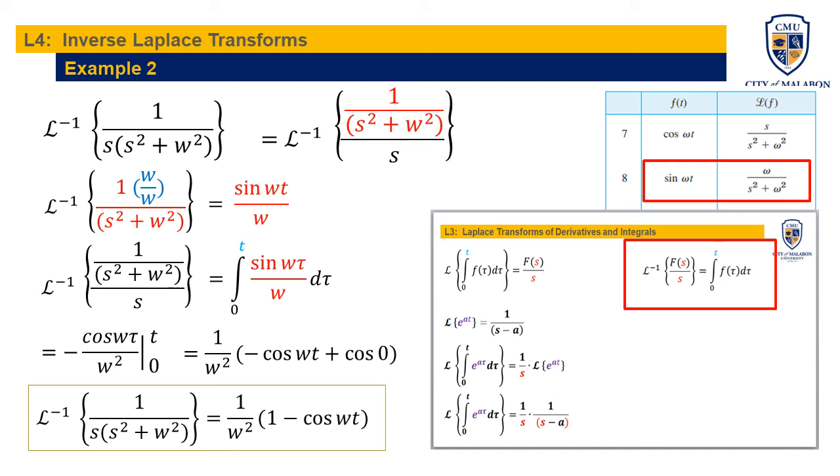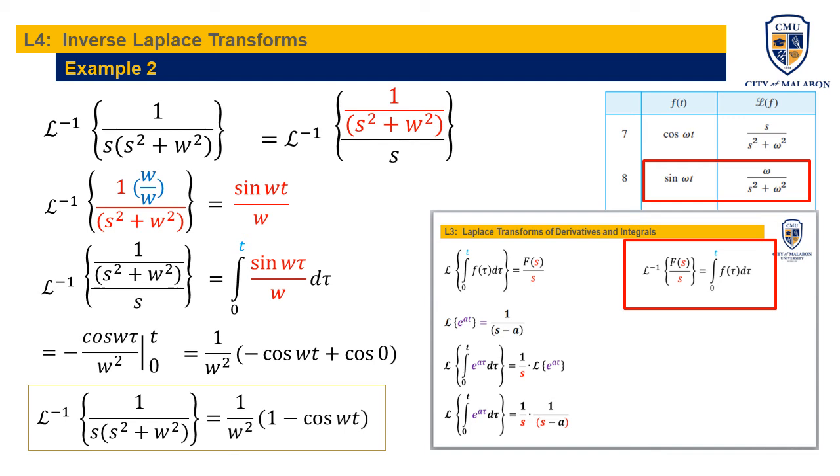The inverse Laplace ng 1 all over s times s squared plus omega squared is equal to 1 over omega squared times 1, nanggalingan dito sa cosine 0, right? Minus cosine omega t. So, in this example, we demonstrated yung paggamit ng Laplace transform ng mga integral.